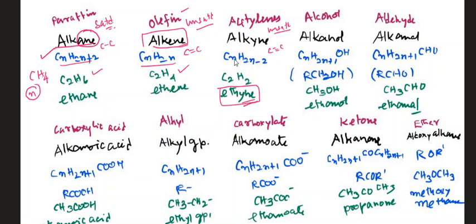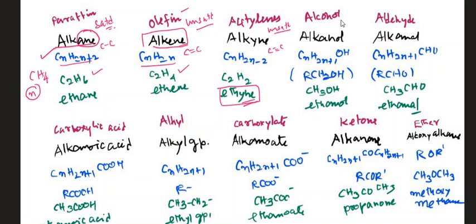CnH2n-2. Put n = 2: two twos are 4, minus 2 is 2, so C2H2. Can you get me the molecular formula of propyne? Prop means 3, so C3, 3 twos are 6, minus 2 is 4. So C3H4 is propyne. Likewise you can build various molecules.